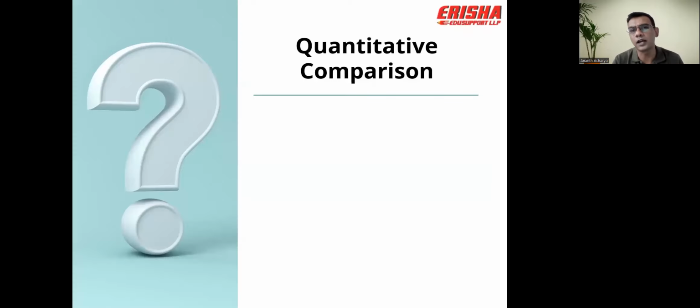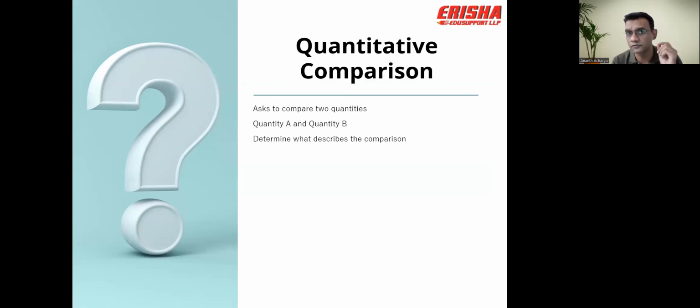Now, what do we mean by quantitative comparison? As the name says, it is about comparing two values given to you. The style of the question is that you will be given two quantities, quantity A and quantity B. You have to compare these two quantities, and based on your comparison, determine one of the four options given to you.